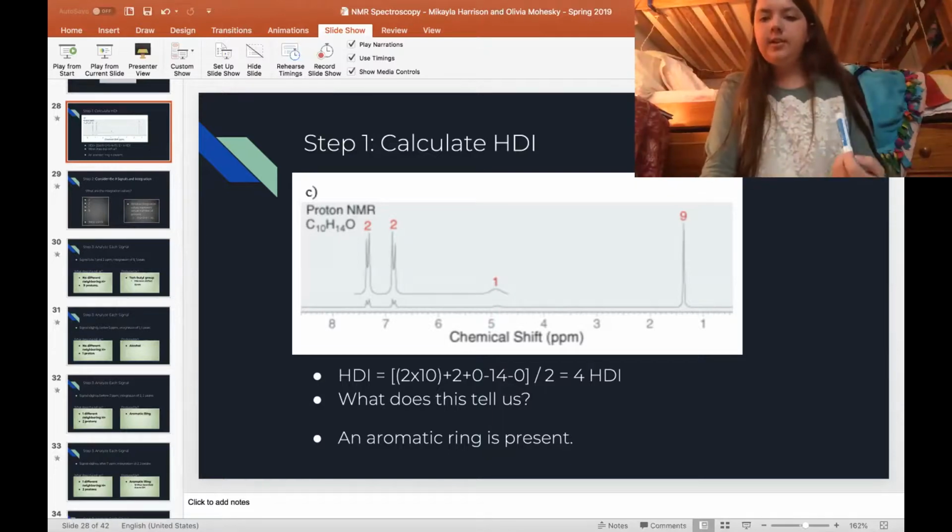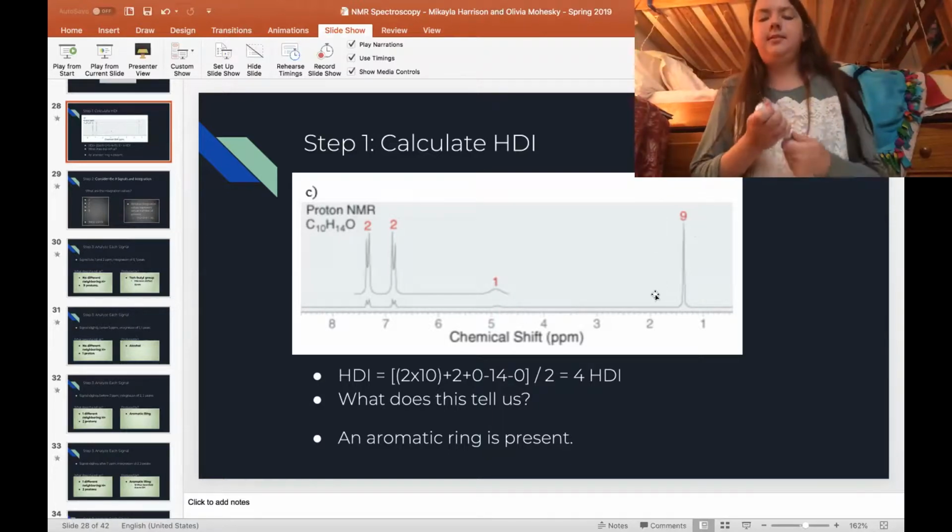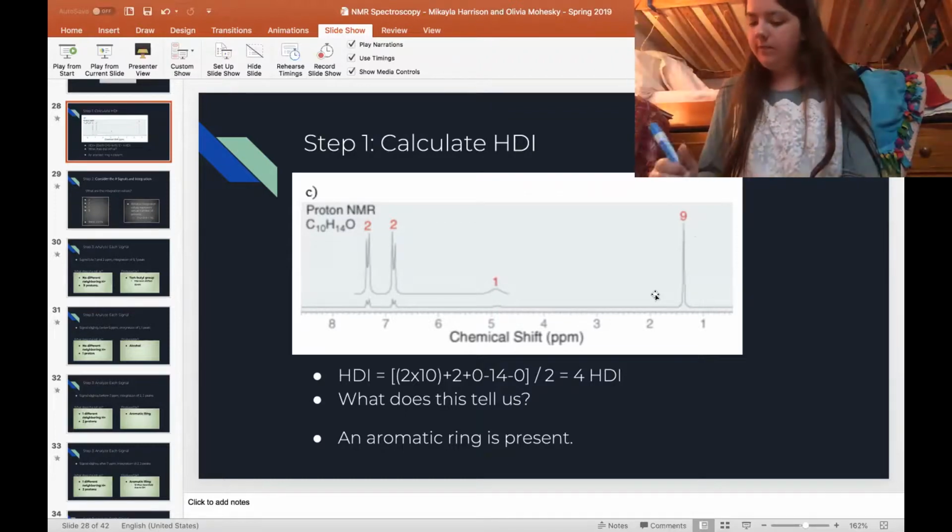We can already tell what it's going to be because it's one of those rare signals. So I'm going to write out the chemical shift value. It's probably 1.4, and it's a singlet with 9 hydrogens.